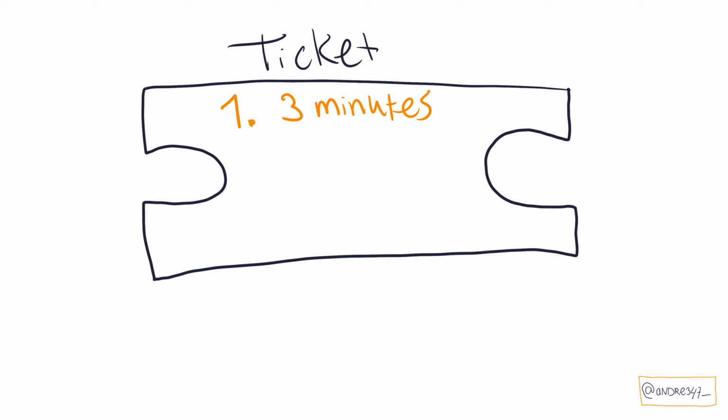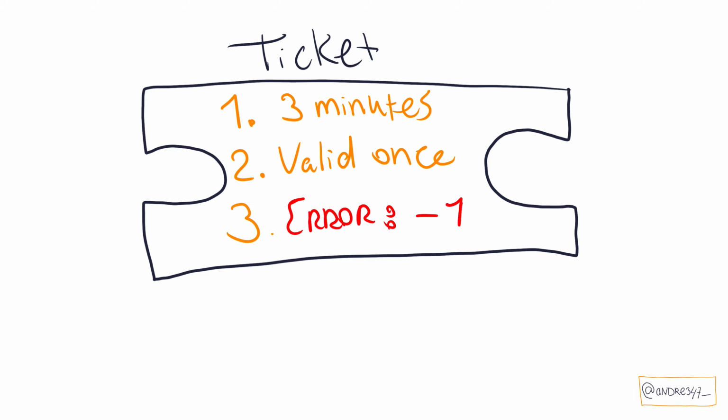So within 3 minutes, you need to use it. And it's also only valid once, which means that if you want to make subsequent requests to other visualizations in the web portal, you need to request a new token again. If your token request doesn't work, you get an error back with a -1 as the token. The -1 is not a valid token. It's a token that contains an error message, basically.